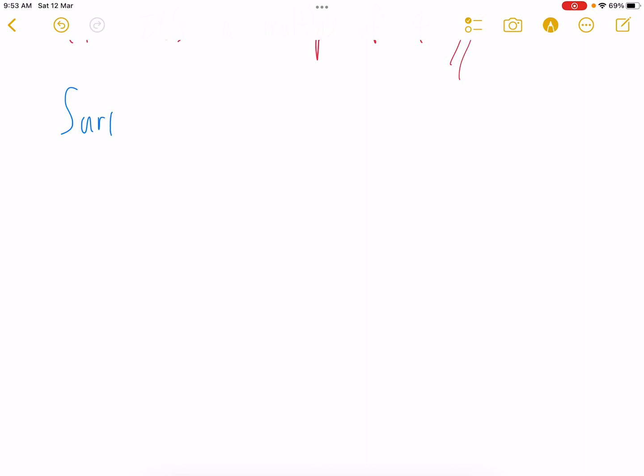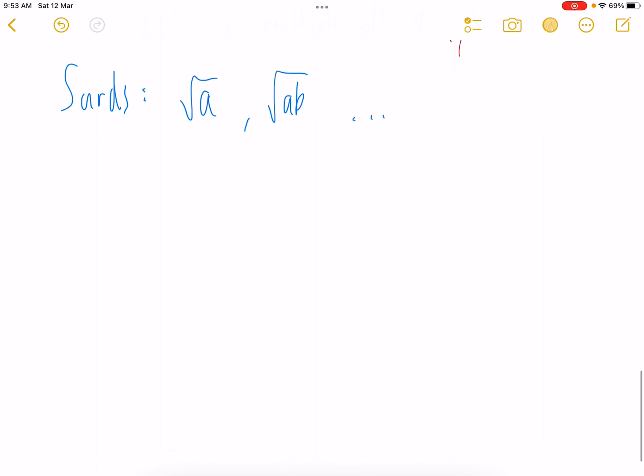So surds, essentially surds are just square roots of something. So this is a surd. These are surds, like square root of AB. Yeah, sort of like that. So we want to simplify the surds.